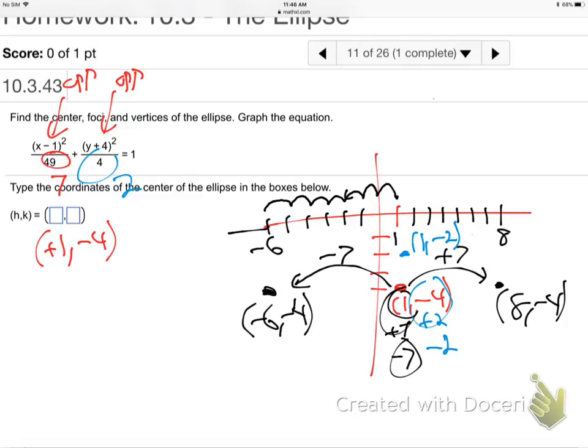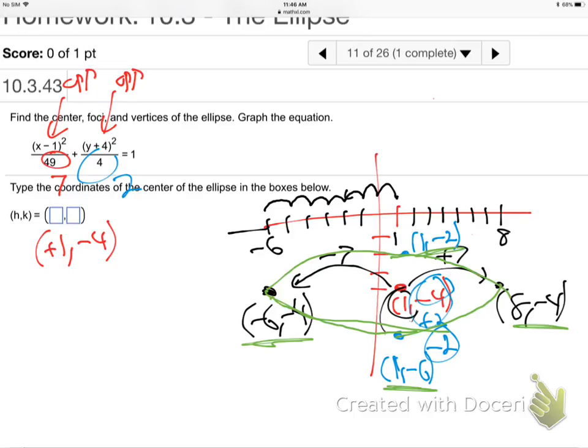And then the other one, subtract 2, minus 4 minus 2, it'd be right here, 1 minus 6. And there's our shape. Oops, sorry. My drawing is terrible. There is the egg shape. Does everybody see how I got these coordinates? Right? I just added and subtracted to the x, and then added and subtracted to the y.